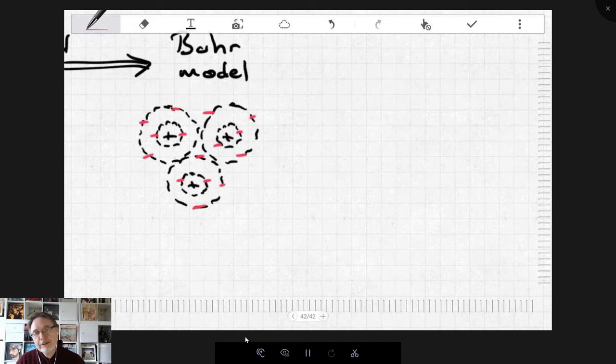And this one explained the absorption of energy as electrons jump up to higher orbitals. That's called excitation. And the reduction in that energy as they fall back down towards the nucleus, which they're attracted to because they're negative and the nucleus is positive, is called relaxation. And this explained how light was given off from a gas when you excite it.